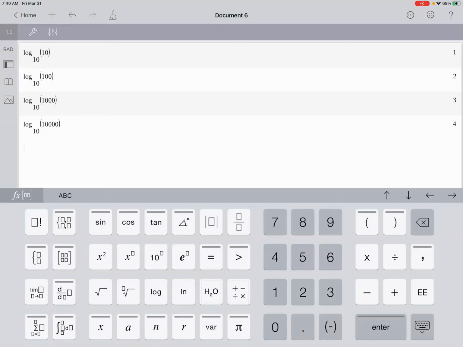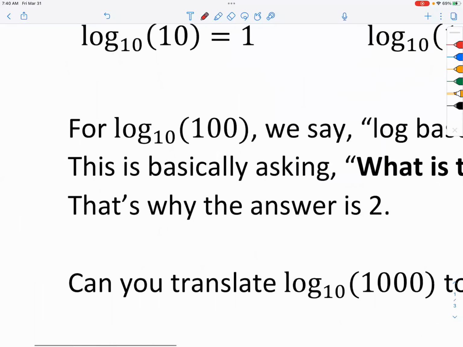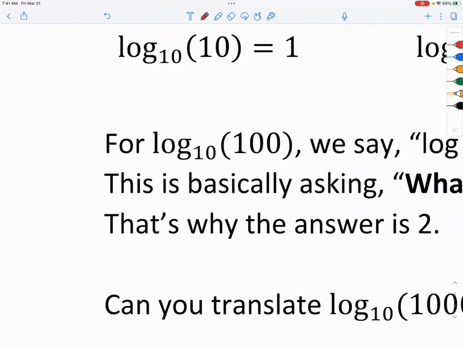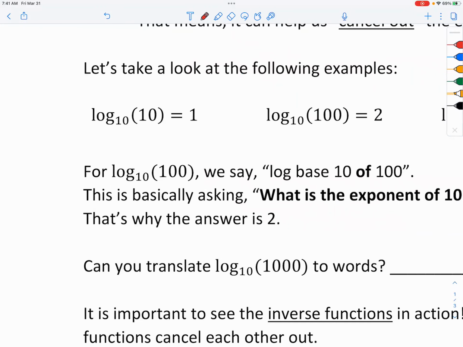So the first thing I want to make sure is that you learn how to read and translate what you're reading. So when we say log base, this notation, log 10, 100 thing, the way we say it is log base 10 of 100.